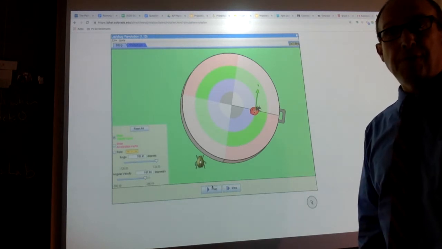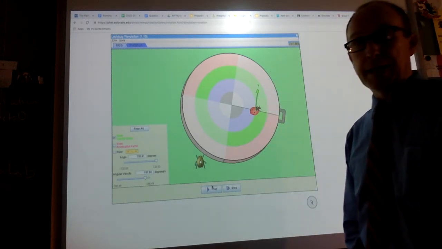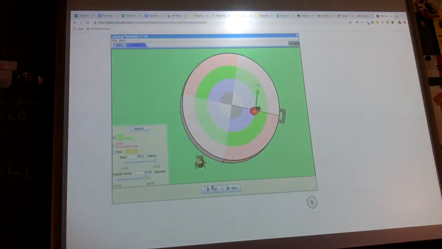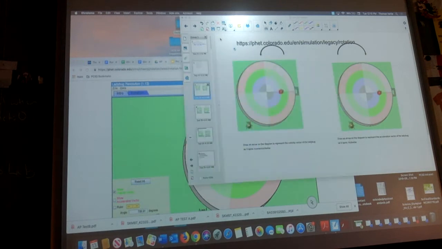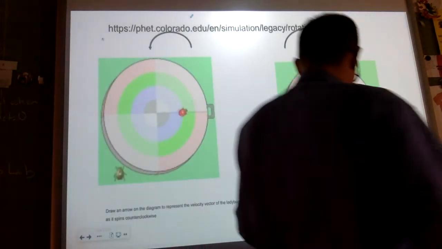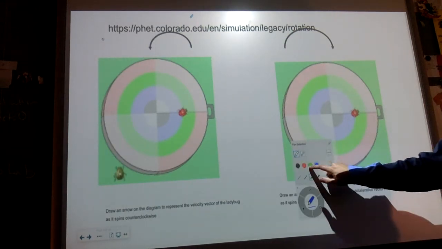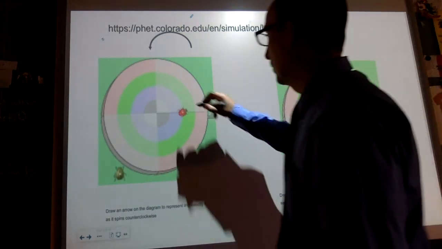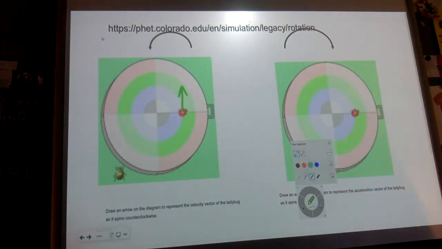Your choice should have been that at that point, the velocity was pointing almost straight up. So a correct arrow would have been straight up like that.